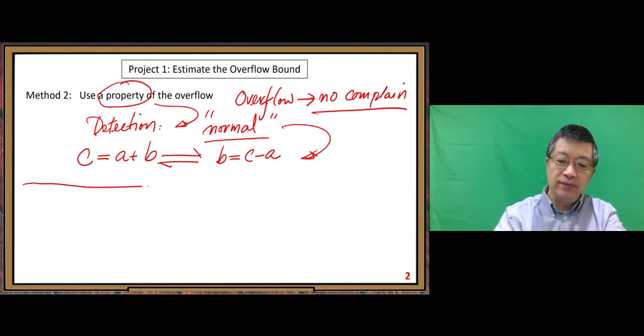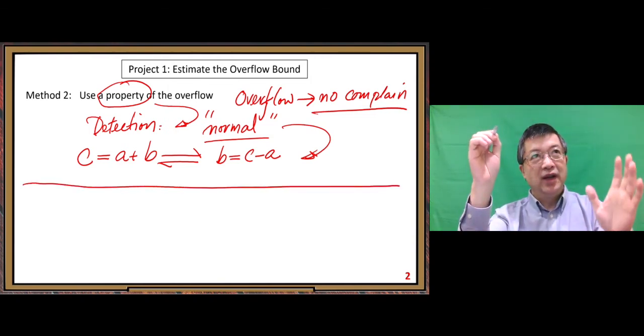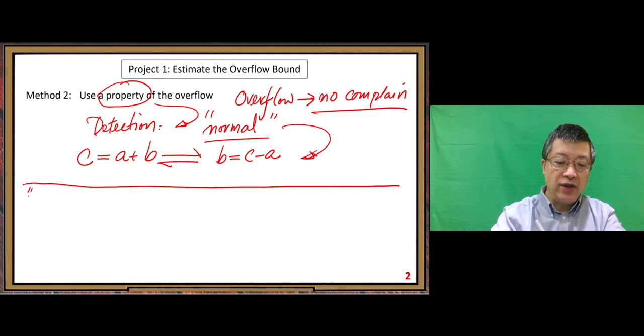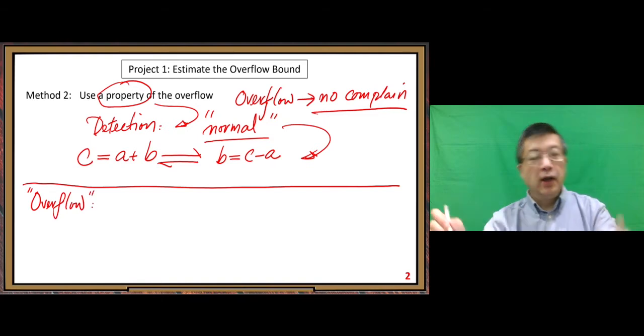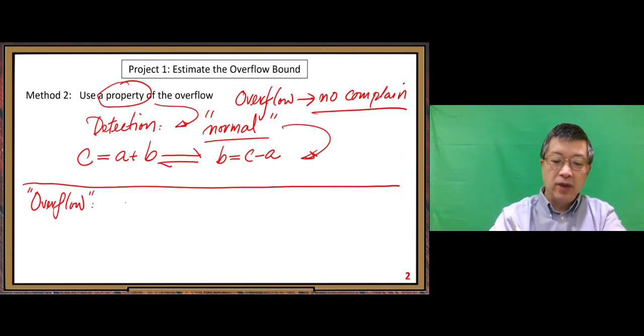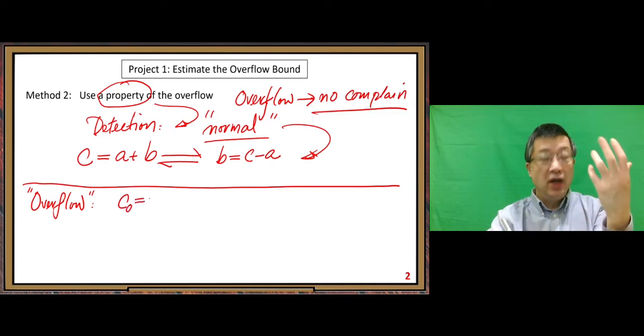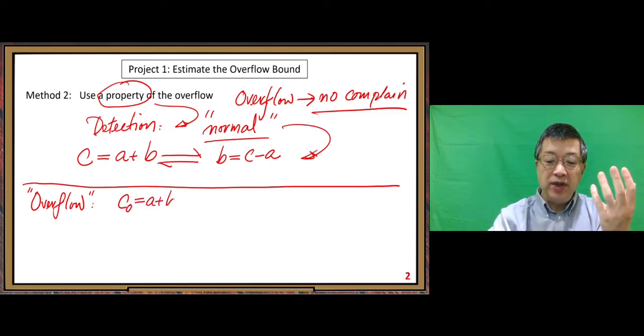Very simple. Here we consider the overflow situation. When you do A plus B, eventually you will get overflow.